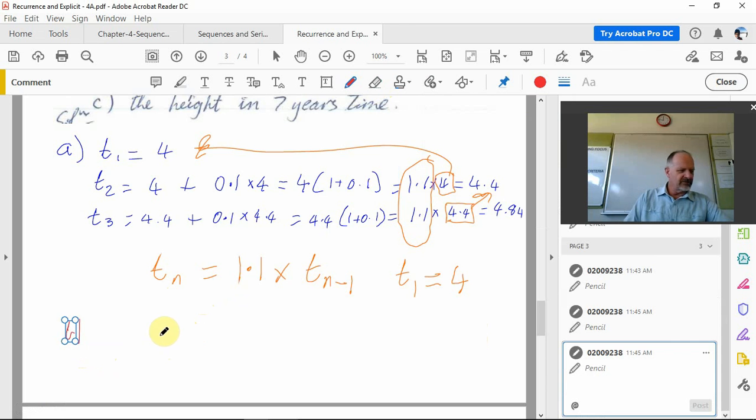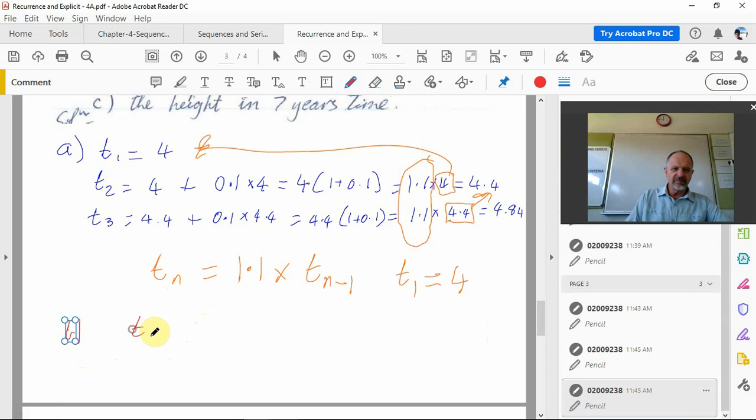So explicit relation. All right, so the first term was 4. The second term up here is 1.1 times 4. The third term still has this 1.1 times, but it's times 4.4.